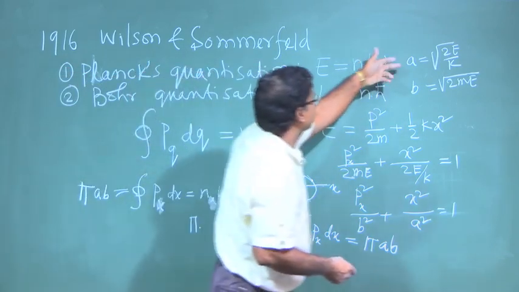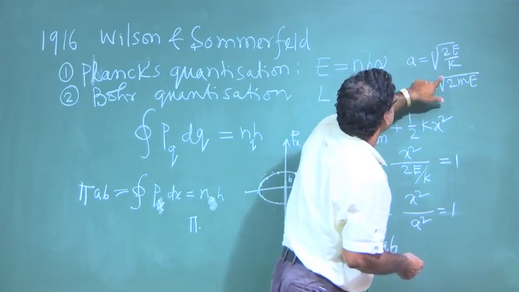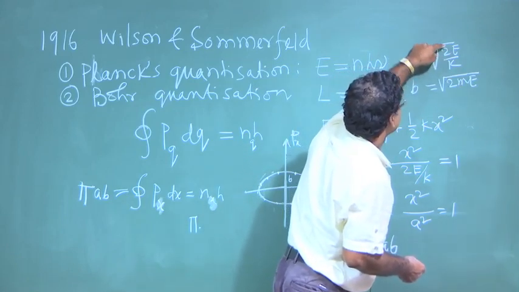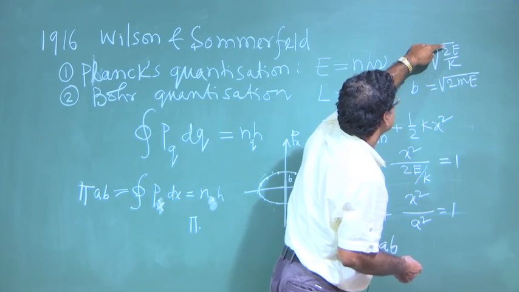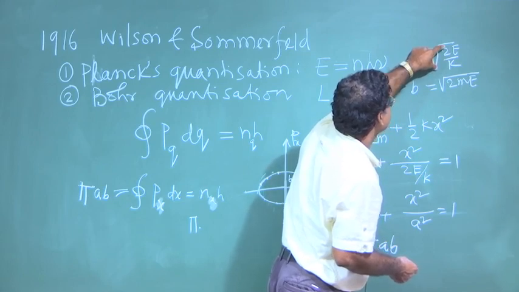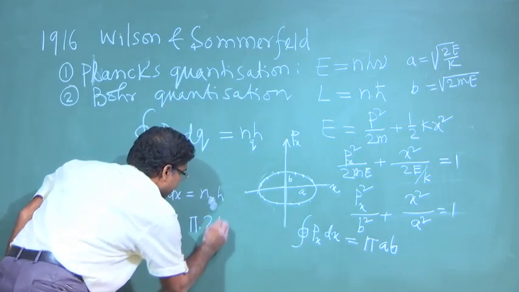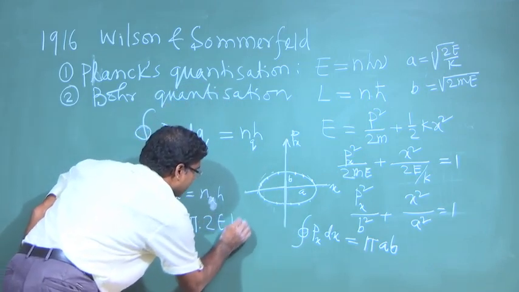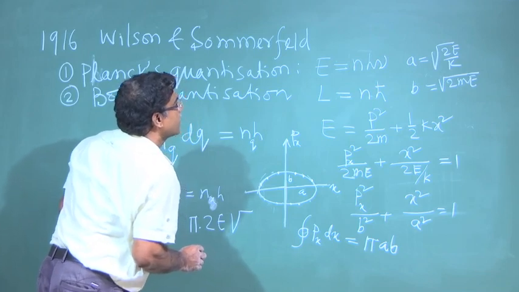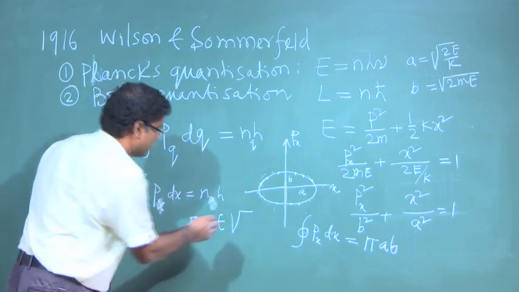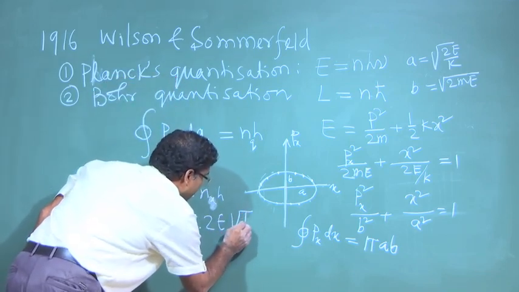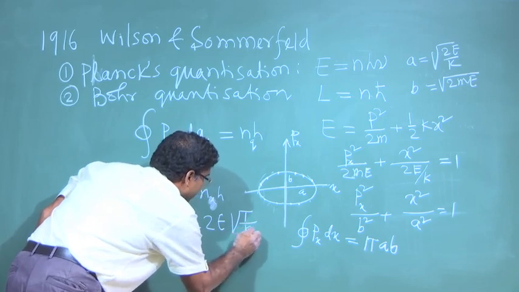A into B, I will get 2E times the square root of m by k, that is, the square root of 1 by k by m.